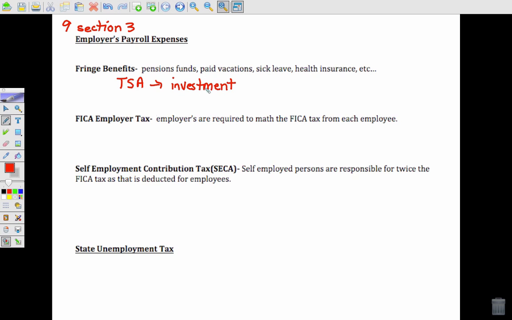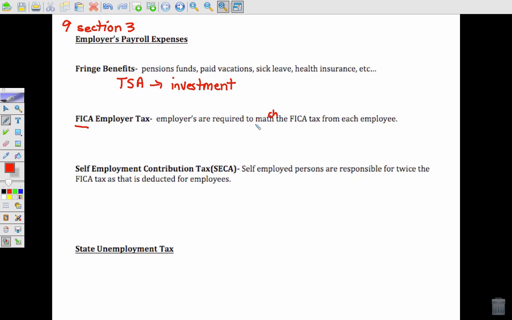All right, FICA employer tax. FICA stands for Federal Insurance Contribution Act. Employers are required to match the FICA tax from each employee.